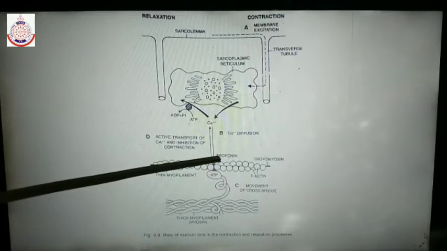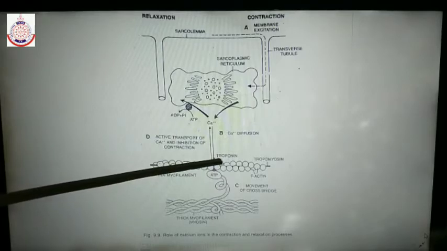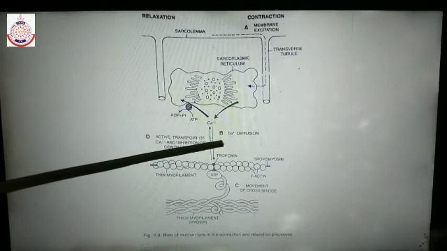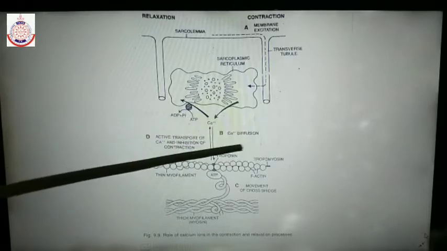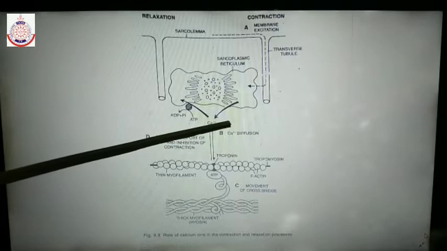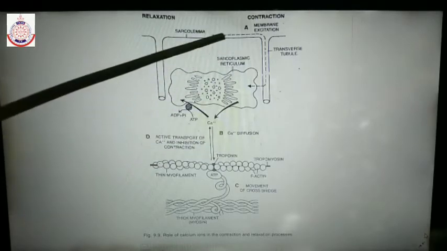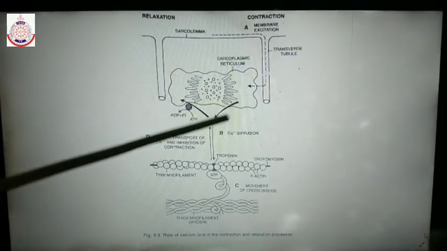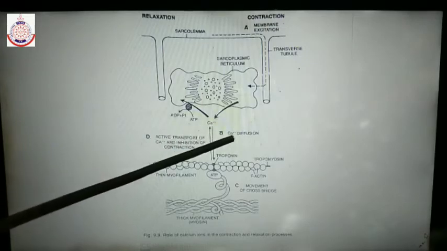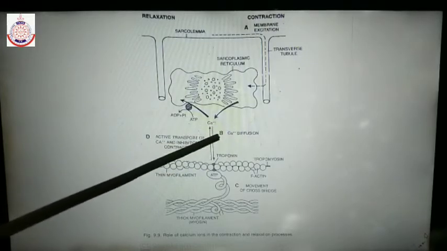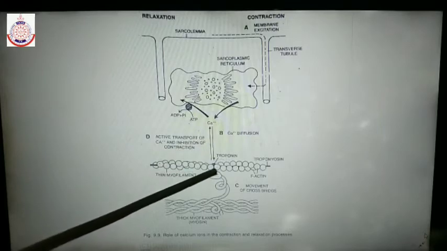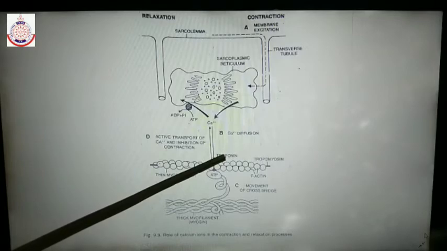These troponin proteins have a binding site for calcium ions. When the concentration of calcium ions increases in the sarcoplasm due to the action potential of the sarcolemma, the calcium ions bind with the troponin protein present on the thin filament and thereby remove the troponin from the active site for myosin.